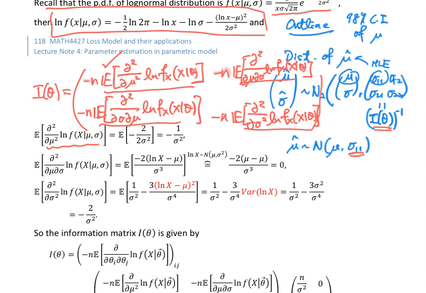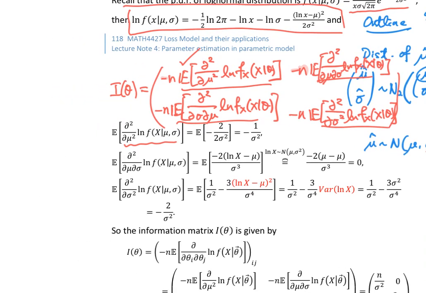For the fourth term, if you differentiate it one time, what you get will be something like -2 ln s minus mu, divided by 2 sigma square. Then that is the first derivative.